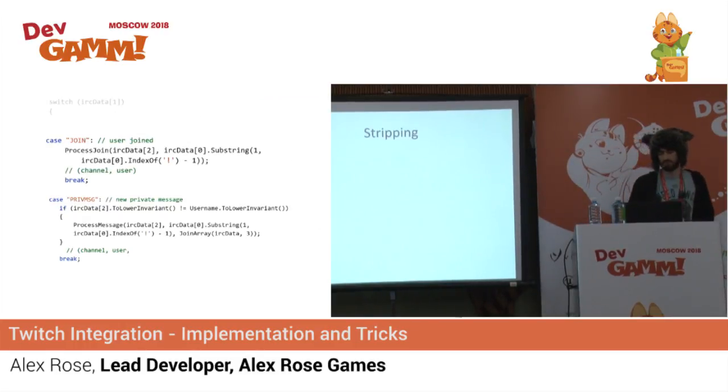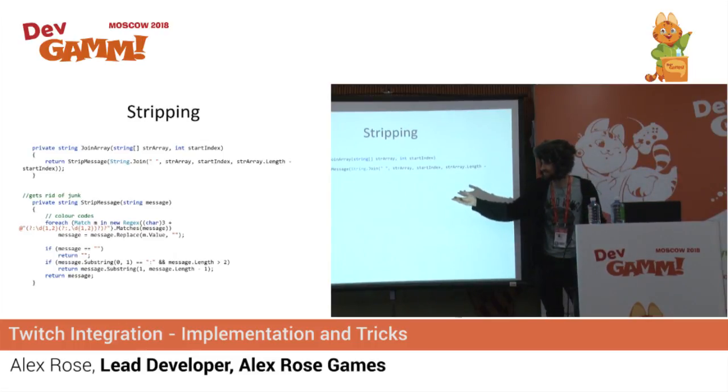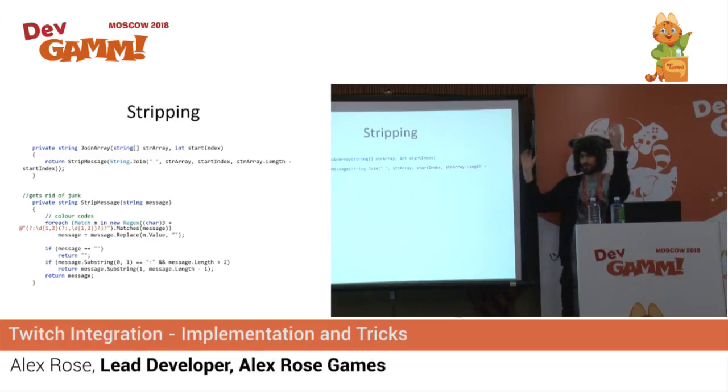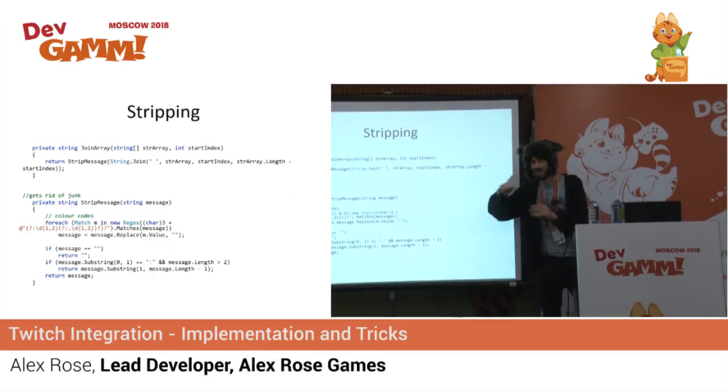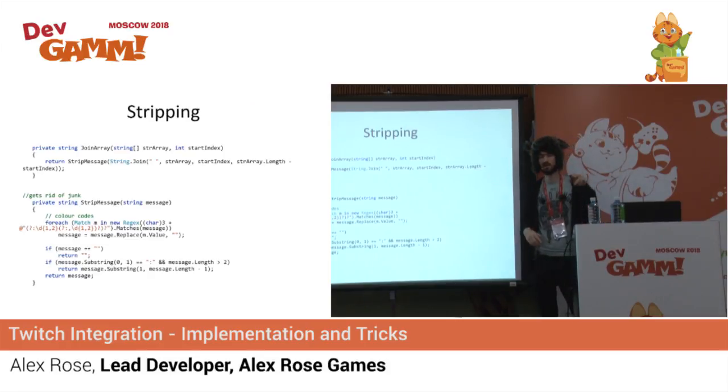I'll show you how. So now we're going to strip, but in a non-sexual way. This is join array. So we're going to strip the message. What it does is, we take everything in the string, and here's a strip function actually. We take everything in the string and we rip everything out of it. We rip spaces out of it, so if someone types hello, space, space, space, space, how are you?